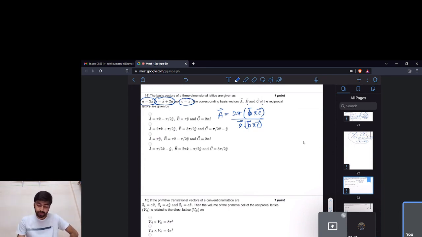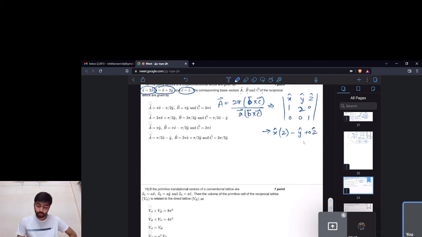So b cross c we can find out from a determinant with x, y, and z, where b is 1, 2, 0 and c is 0, 0, 1, and if you expand it, it comes out to be 2x minus y plus 0 z cap.